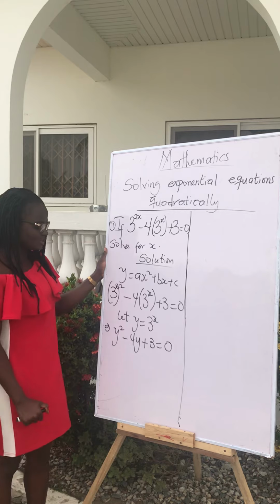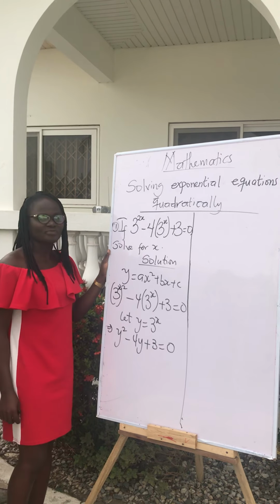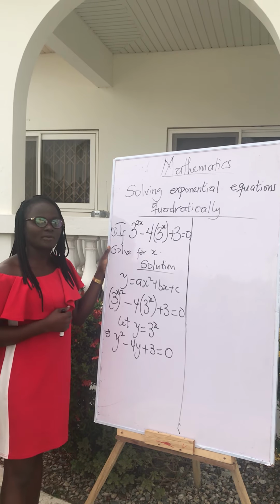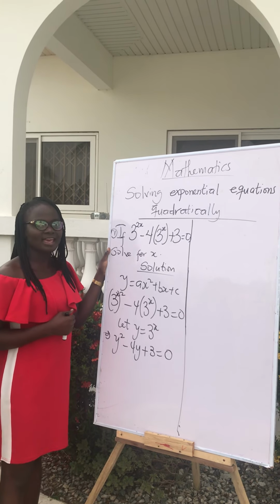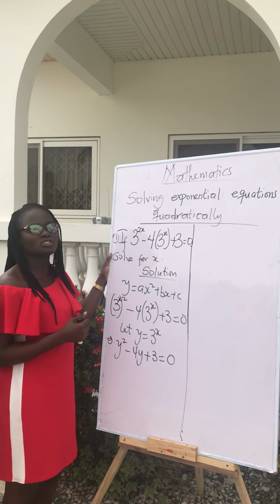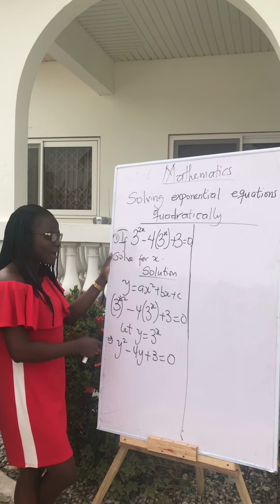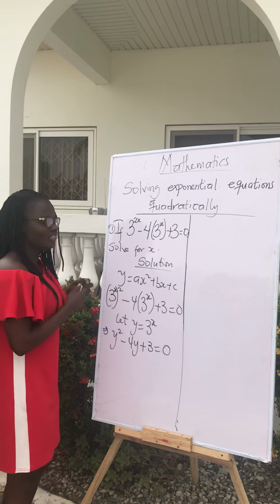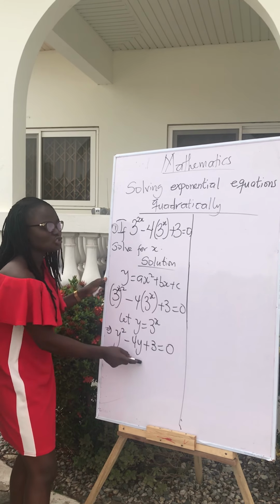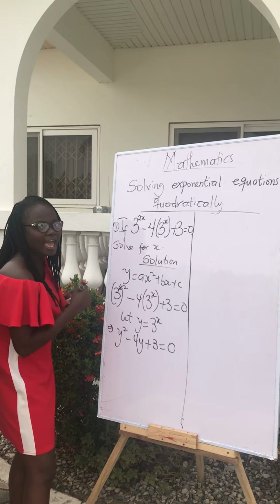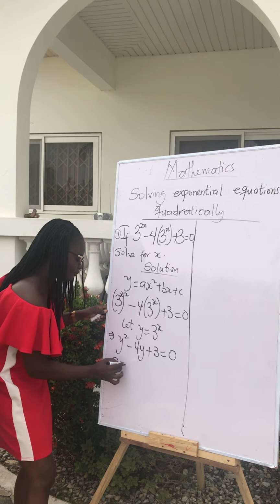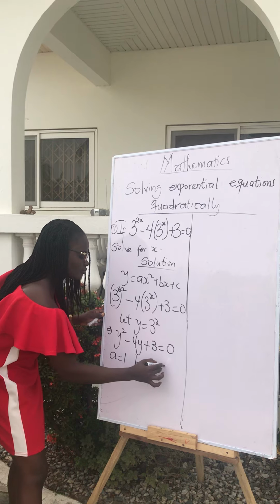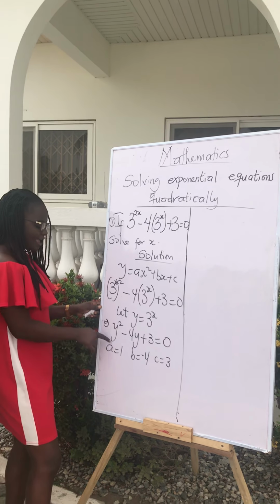So since we have it quadratically now, referring back to our previous lesson on quadratic equation, I said that in order for you to solve a quadratic equation, you have to multiply your a by your c. Comparing this equation to the general equation, our a is 1.